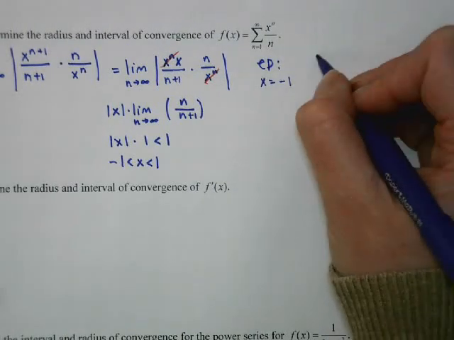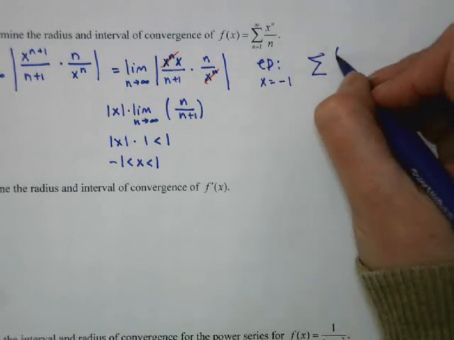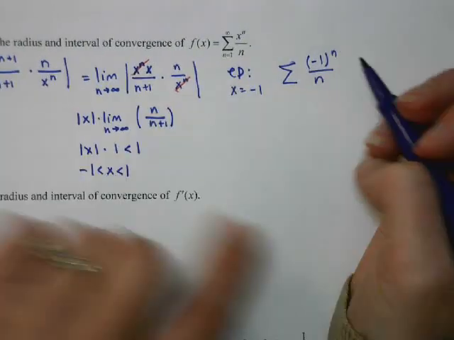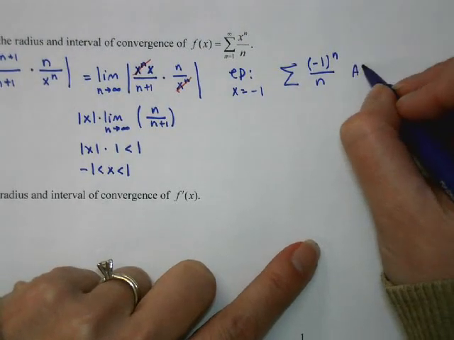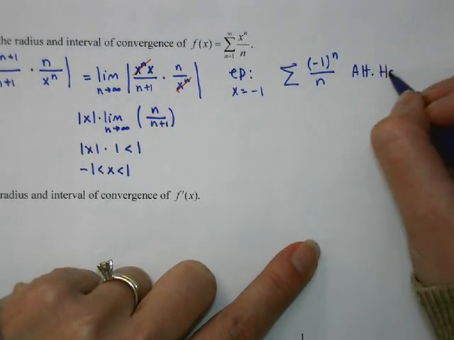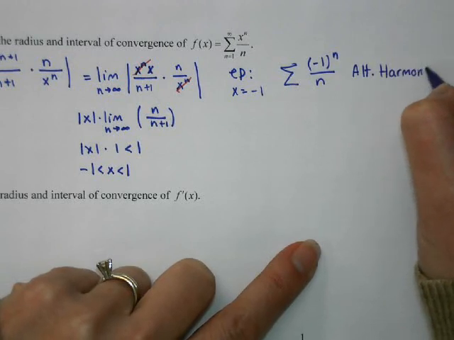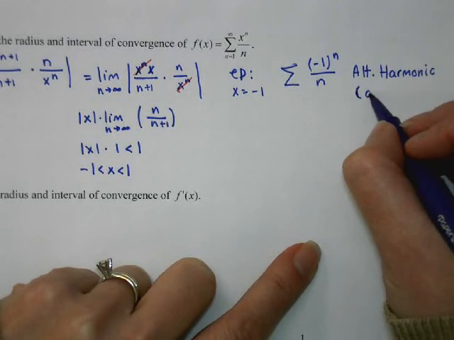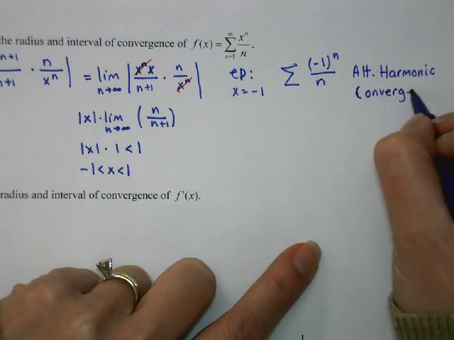When x equals negative 1, I have the series negative 1 to the n over n, which is happily the alternating harmonic. And we know from previous tests, this is convergent.